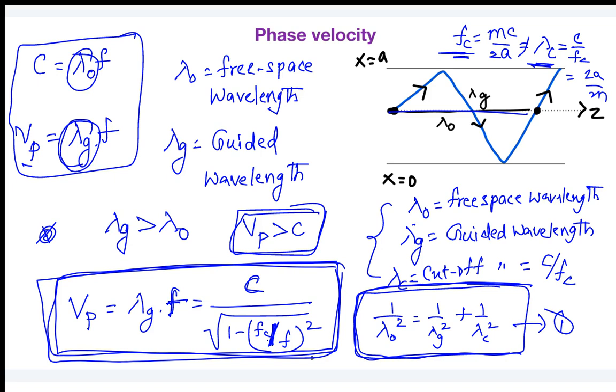I'll go ahead. The next thing is the group velocity. What you have defined is that the phase velocity is equal to omega by beta. The phase velocity comes into the picture when the phase variation with respect to time and the phase variation with respect to distance are linear to each other, which means beta is proportional to omega.